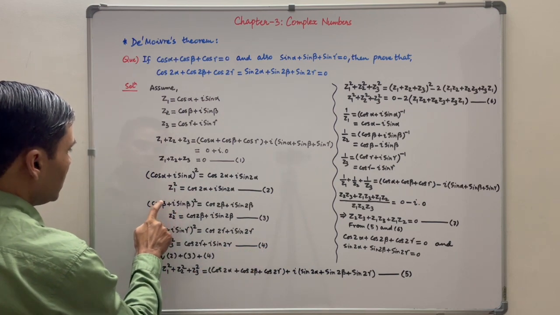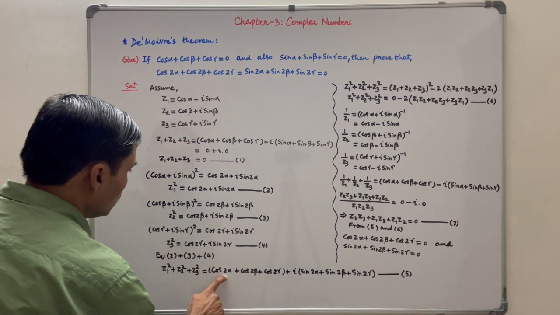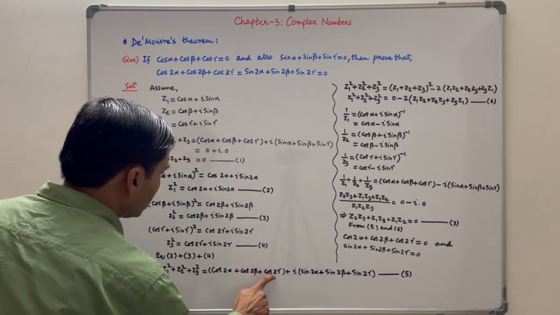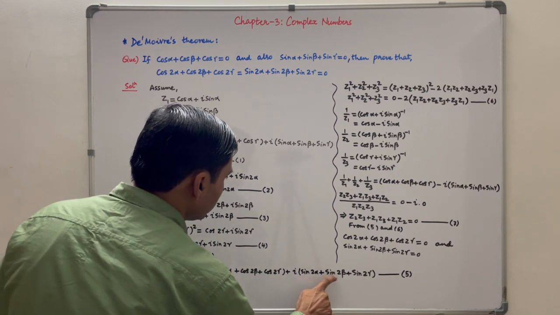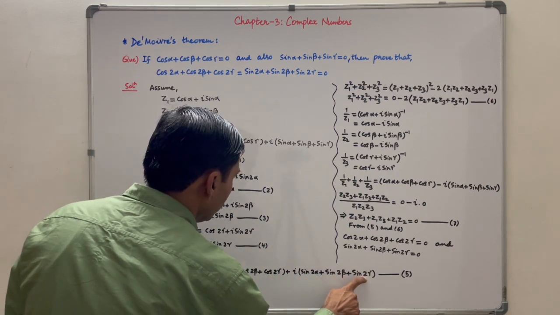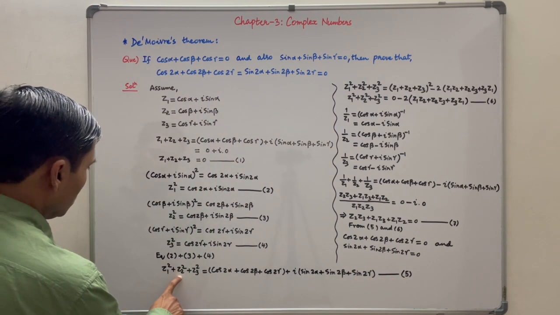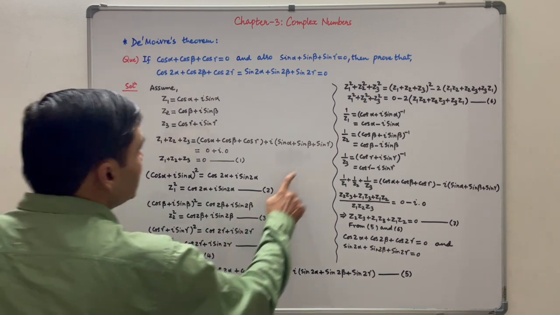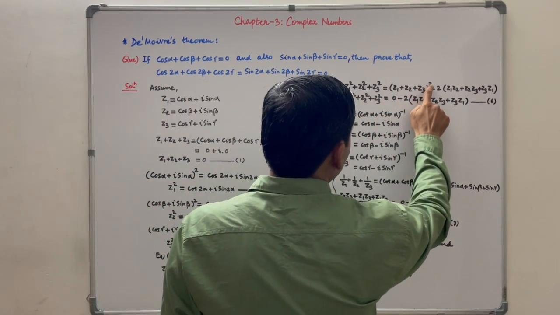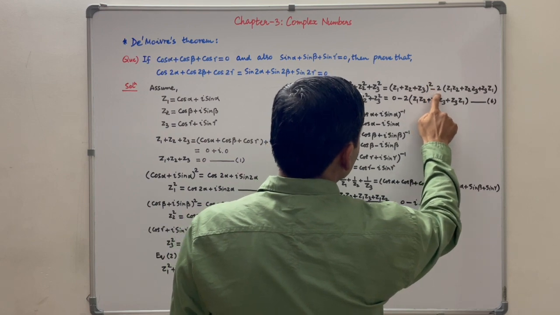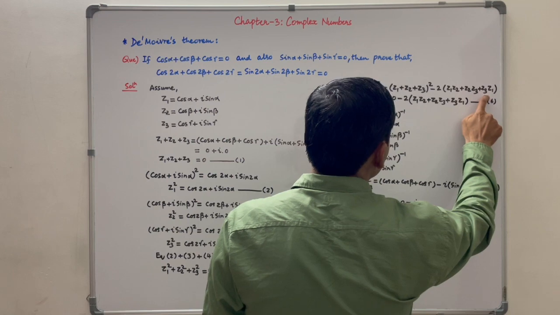Now Z1 square plus Z2 square plus Z3 square is equal to cos 2 alpha plus cos 2 beta plus cos 2 gamma plus i into sin 2 alpha plus sin 2 beta plus sin 2 gamma. This is equation number 5. Z1 square plus Z2 square plus Z3 square is equal to Z1 plus Z2 plus Z3 whole square minus 2 into Z1 Z2 plus Z2 Z3 plus Z3 Z1.